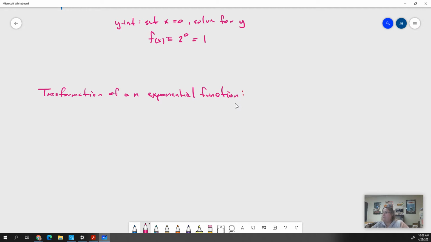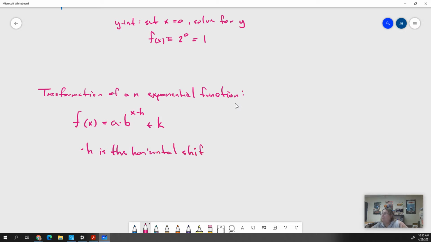The different transformations we can have are f of x equals a times b to the x minus h plus k. Notice this is a minus h. That's a very important concept. When we look at this, h is the horizontal shift.